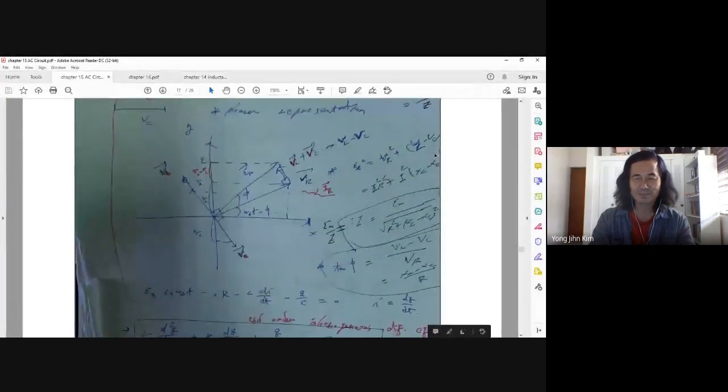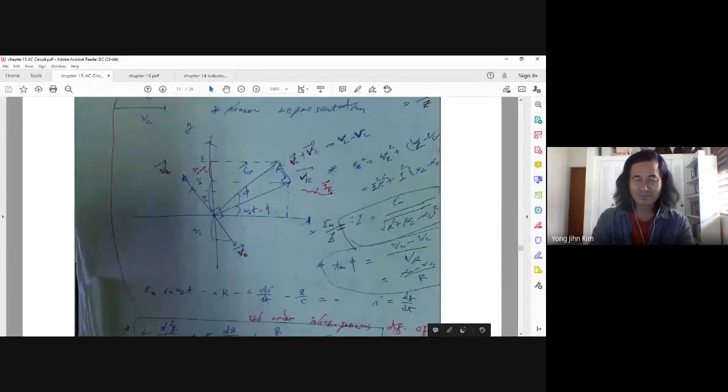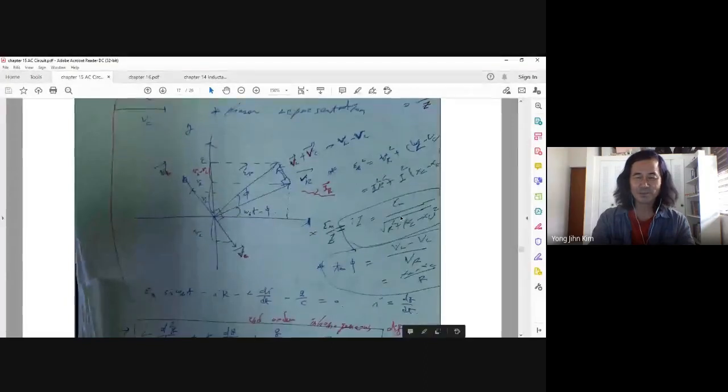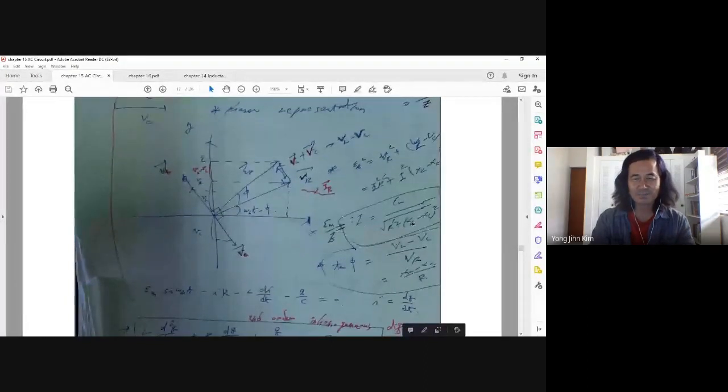From this equation, the current amplitude is epsilon m over the square root of R squared plus XL minus XC squared. We call this quantity Z, the impedance.